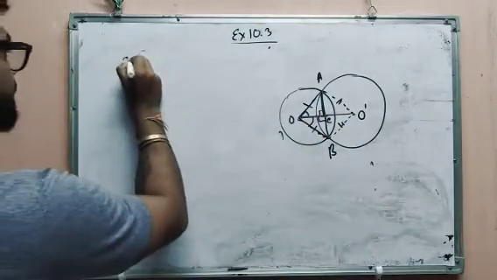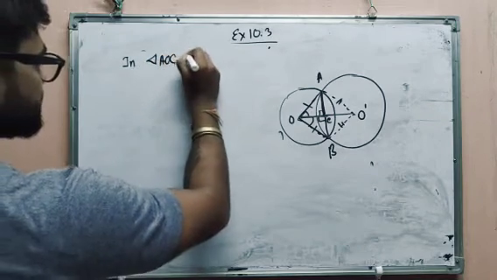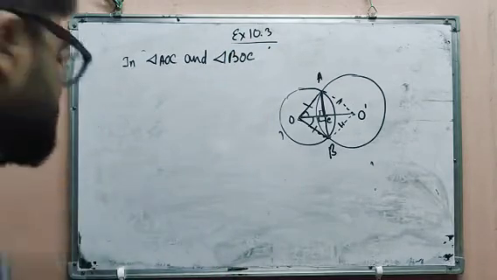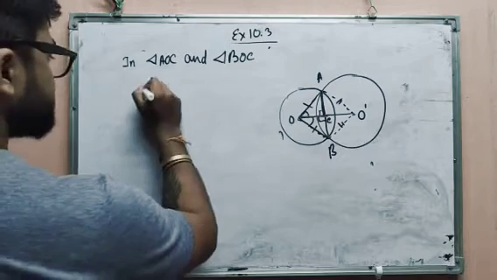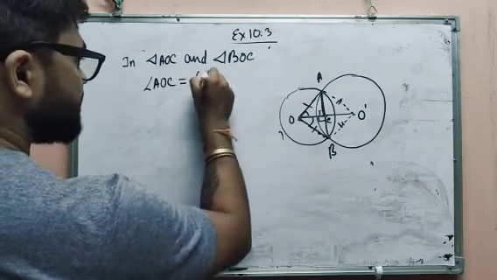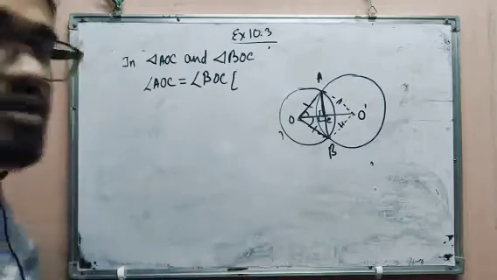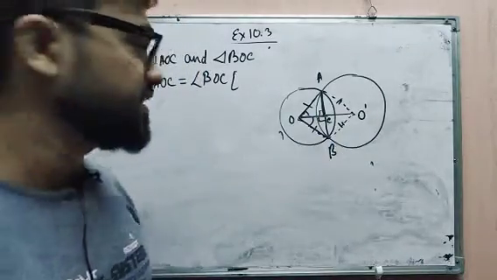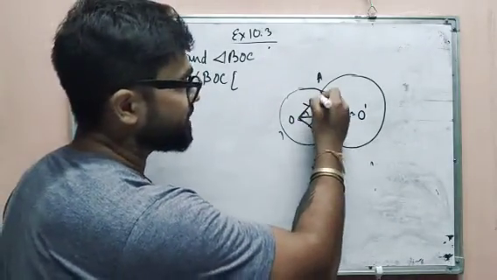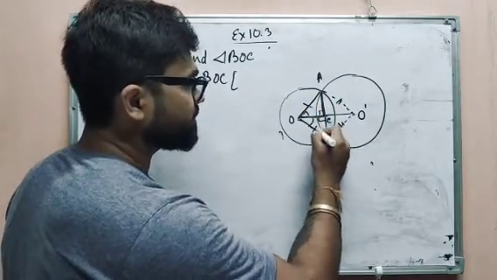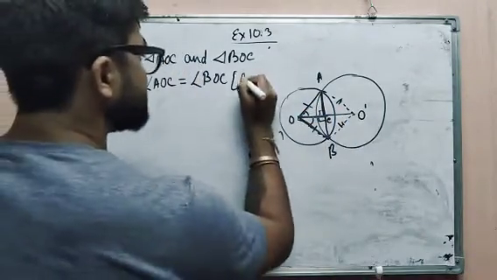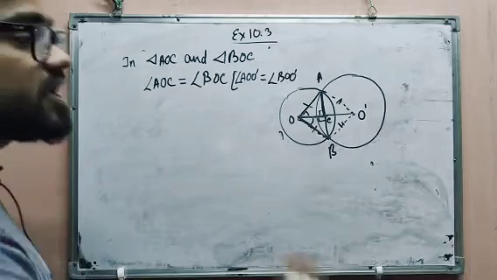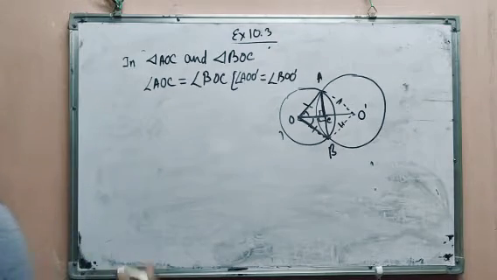In triangle AOC and triangle BOC, what can you say? That angle AOC equals angle BOC. Why? Because angle AOO dash equals angle BOO dash by CPCT, so if you make the angle short, angle AOC will be equal to angle BOC.